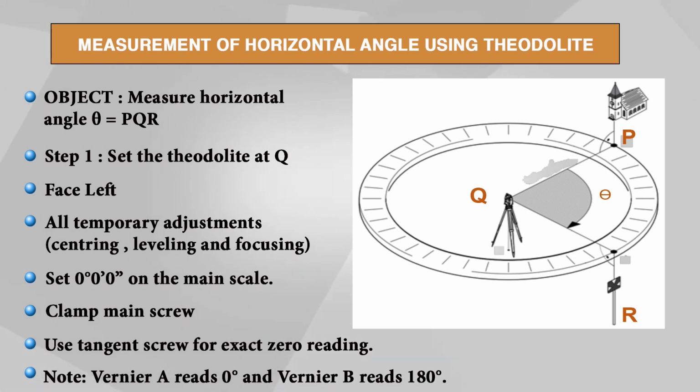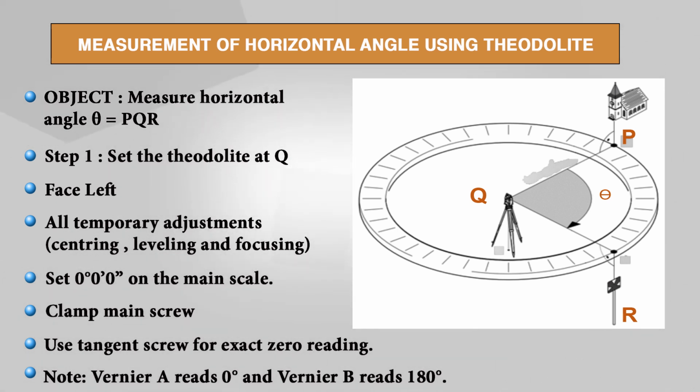This setup is called face left. And suppose the vernier circle is on the right hand side of the observer or the line of sight, it is called face right. Now, at this moment we will release both the plates, that is the upper plate and the lower plate, and we will gently turn the theodolite to get 0 degree on the main scale.